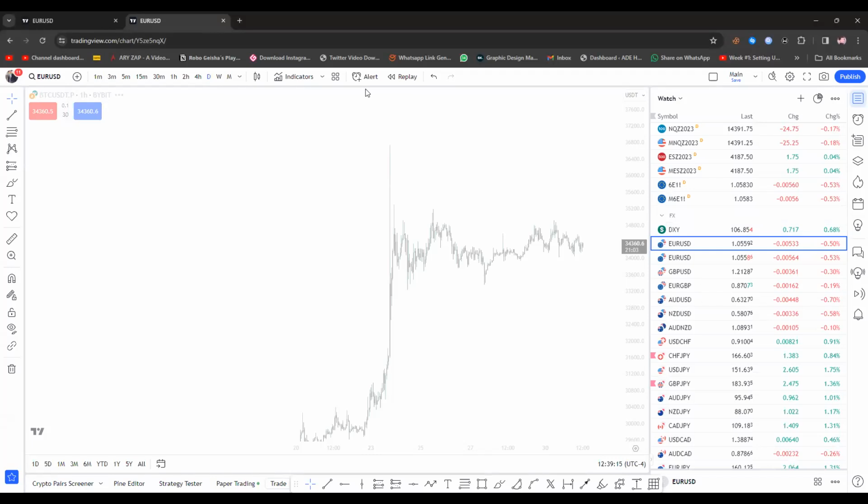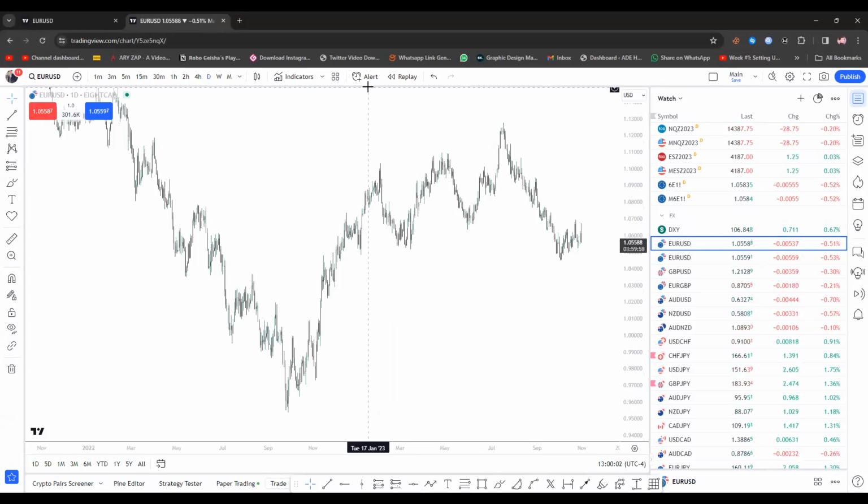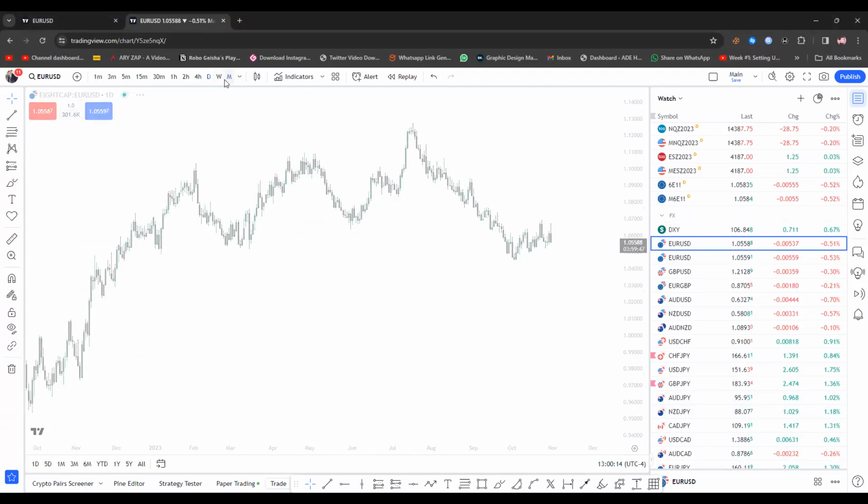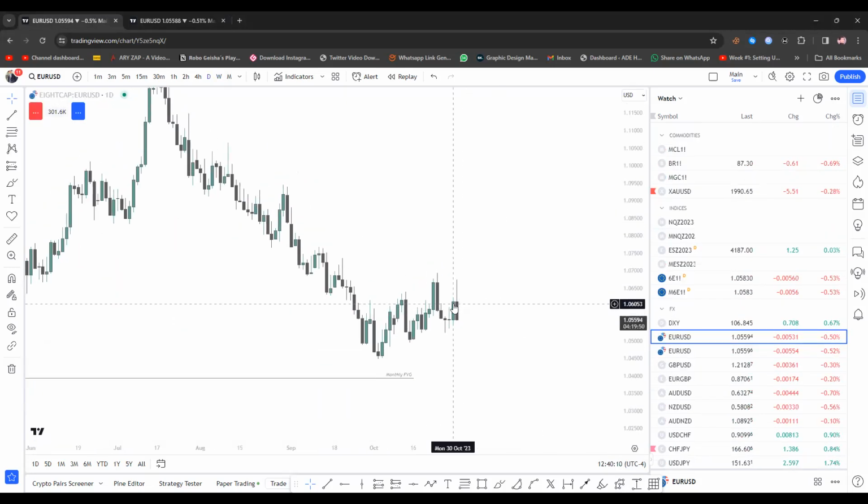I don't know if the problem is with the internet or with TradingView, but anyways, I'll just restart it. Well, let's begin.